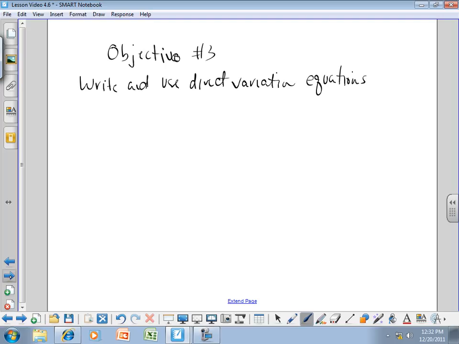Now, here's what I would consider the toughest part of direct variation: you're going to have to write and use direct variation equations. Here's what's going to happen a lot of times. They're going to start out and say, x and y vary directly.